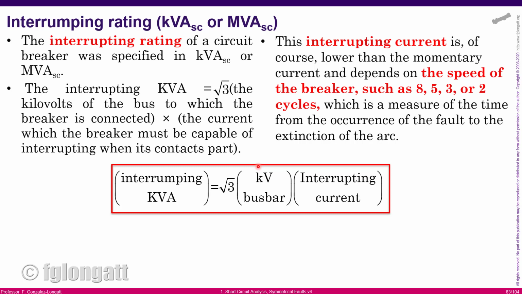Okay, circuit breakers have different speeds. The speed of operating a circuit breaker depends on many factors. They are beyond my discussion here, but we say that the speed is explained in cycles, and those cycles refer to the nominal frequency.